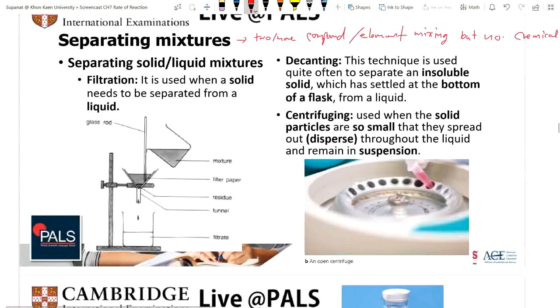Okay, this is the mixture. How can we separate the mixture? First, we're going to talk about separating the solid-liquid mixture.